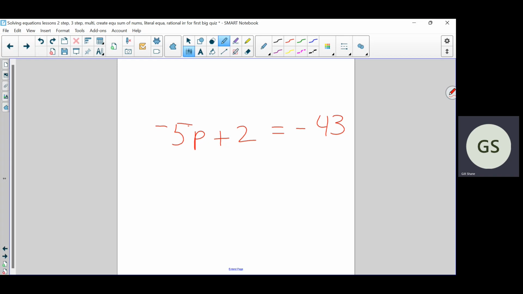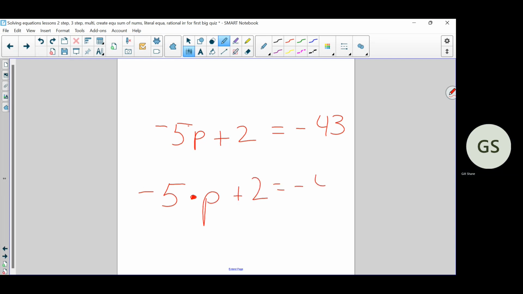Variable p is a number. The math going on is that negative 5p means negative 5 times p. That's another one you have to remind yourself of.